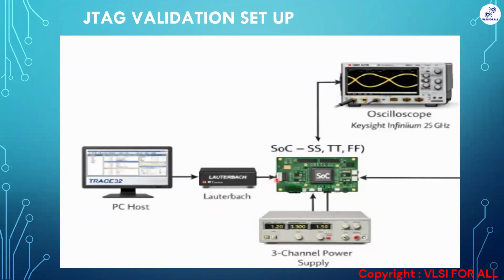At the back of it, we'll be soldering the 4 pins of the 20-pin JTAG to the oscilloscope. And when we run the script in Trace32, we will be seeing the corresponding signals of JTAG, TDI, TMS, TCLK, TDO in the oscilloscope. And we will be giving the power supply to this board.